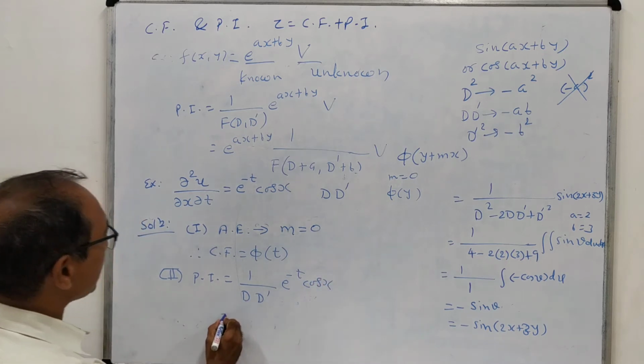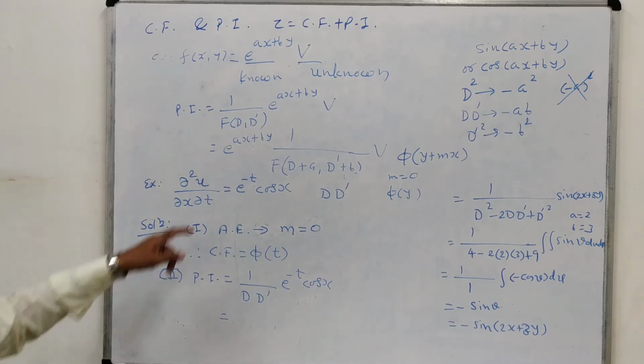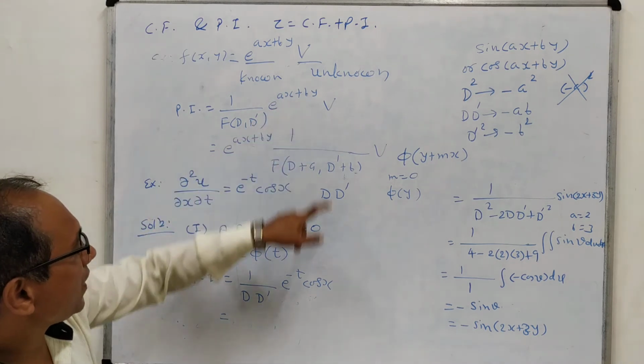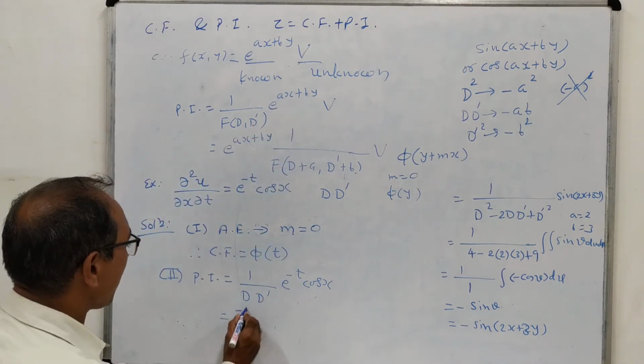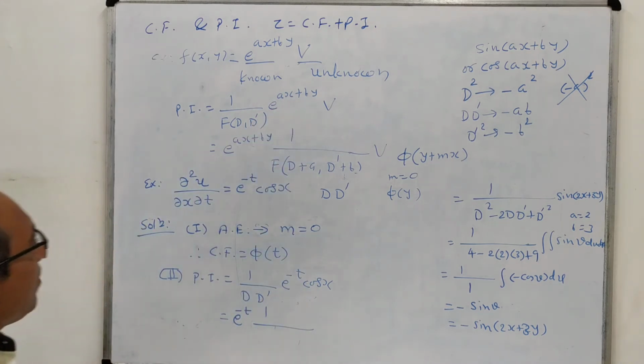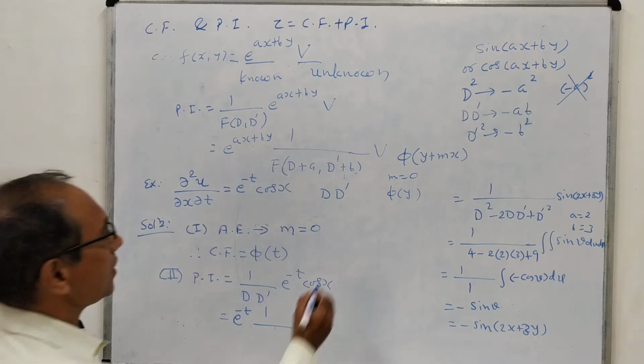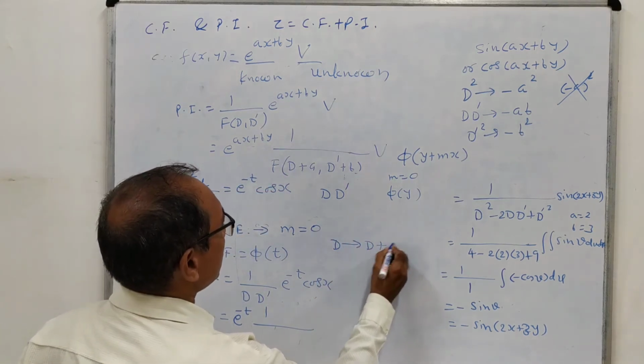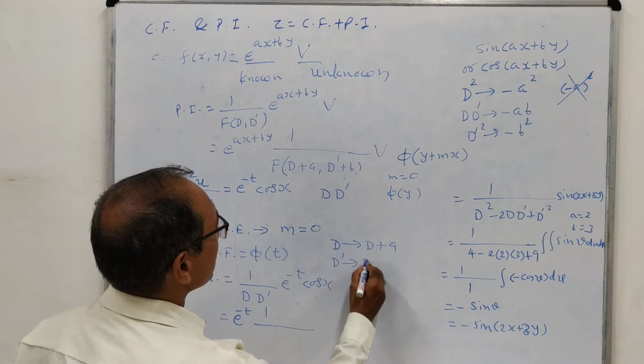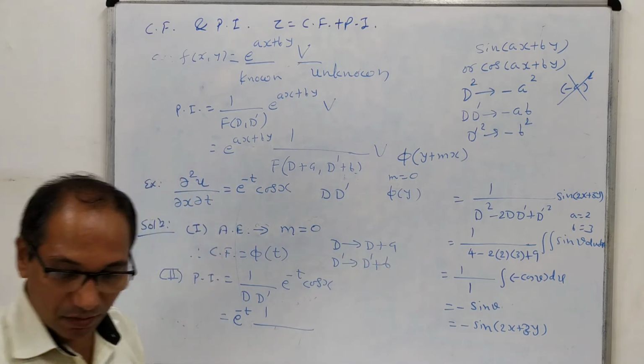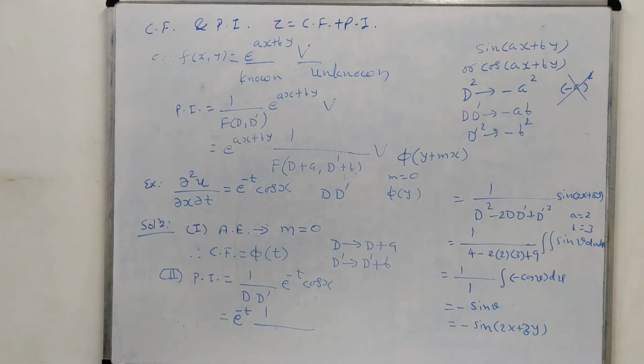So now here you can see that this is in the form of e raised to ax plus by into V. So we will take e raised to minus t common, and as we have seen, D is replaced by D plus a and D dash is replaced by D dash plus b. Okay. So here what are a and b?